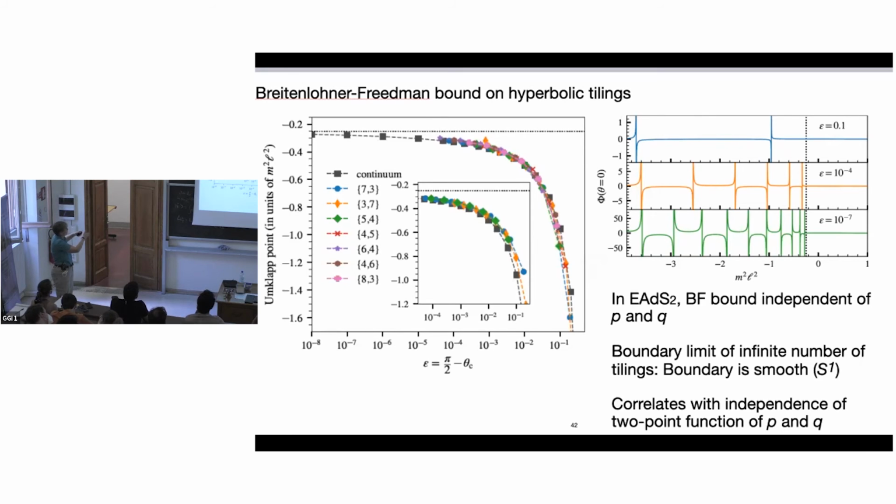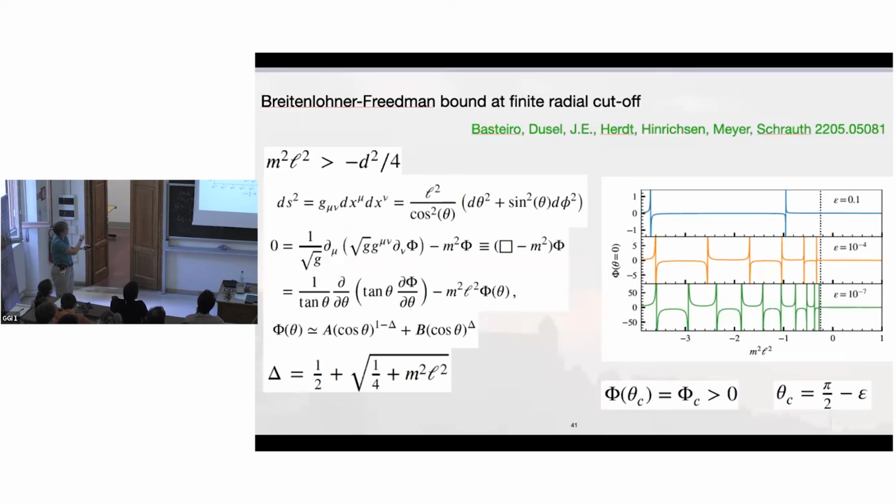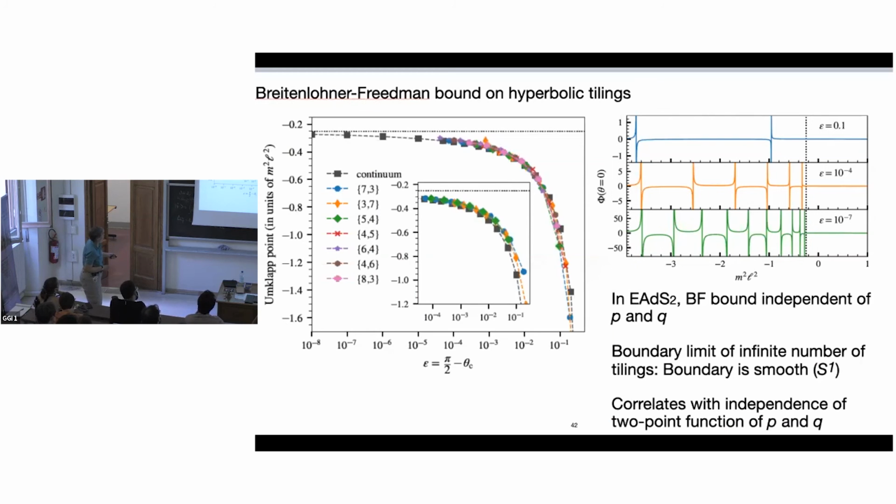This umklapp point is the first point where you see a singularity when you come from positive values of m squared and then come down. If you make your epsilon smaller and smaller, you approach the continuum value of the Breitenlohner-Freedman bound.